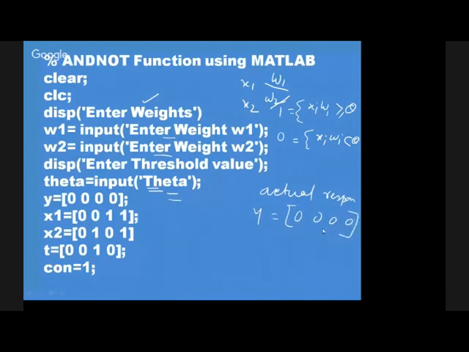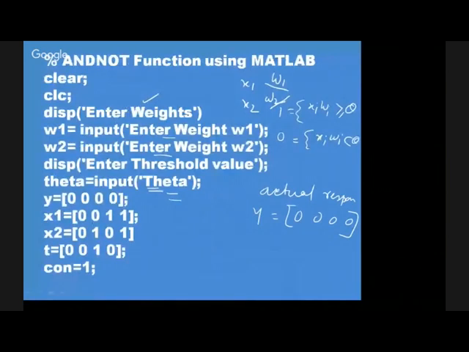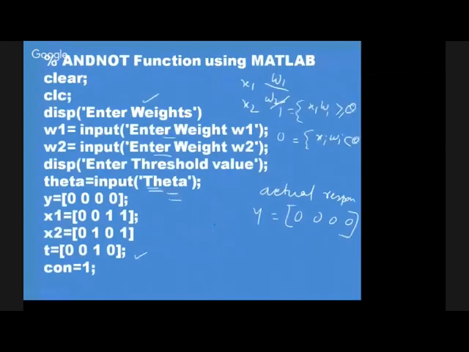Now we will calculate one by one and put the values into y. The x1 array is 0 0 1 1 and x2 is 0 1 0 1. These are the two inputs. And the target is 0 0 1 0.